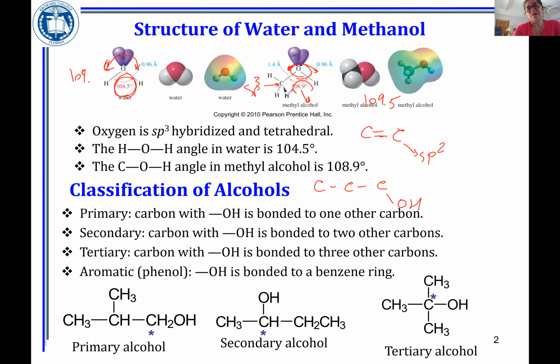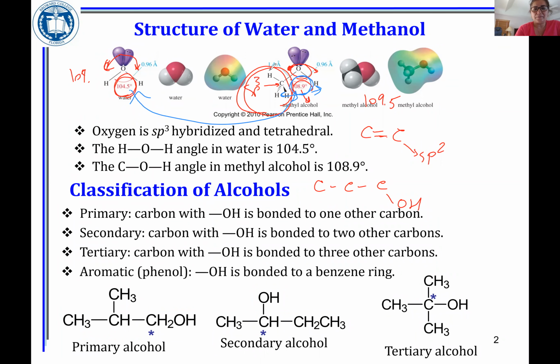For alcohol, because we have one alkyl group, which is bulkier, the steric hindrance between the alkyl group and the hydrogen pushes them away from each other. It opens up this bond angle compared to water. So if you compare the angle for water to alcohol, you see alcohol is slightly higher.